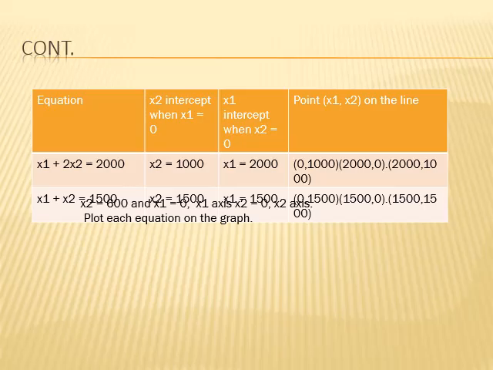Of course, x1 equal 0 gives x2 equal 1500, and x2 equal 0 gives x1 equal 1500. Okay. For the third, x2 obviously equal 600 and x1 equal 0.